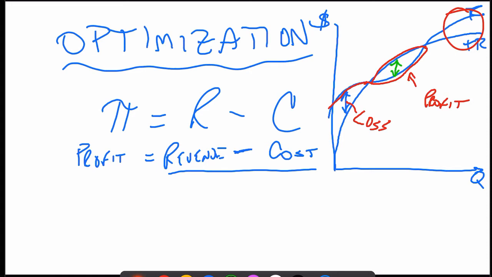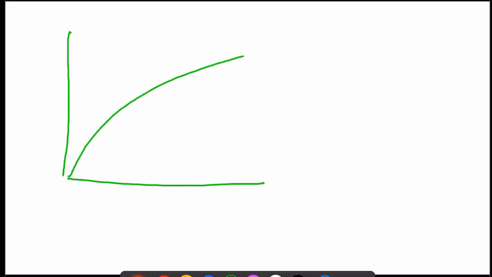Well, it turns out that we can look at this a couple different ways. Is that surprising to you? It's probably not surprising to you. No? Okay. So suppose that we have a revenue and we have a cost, total revenue, total cost.